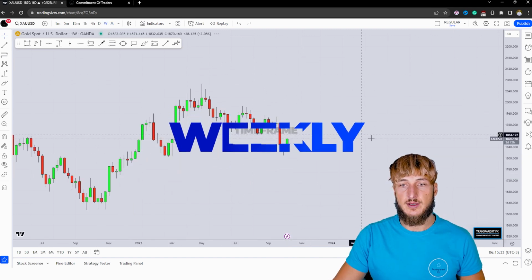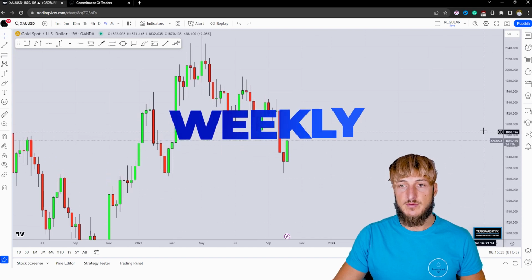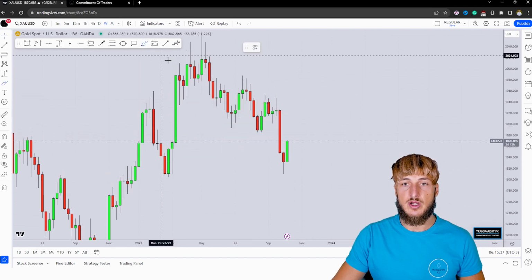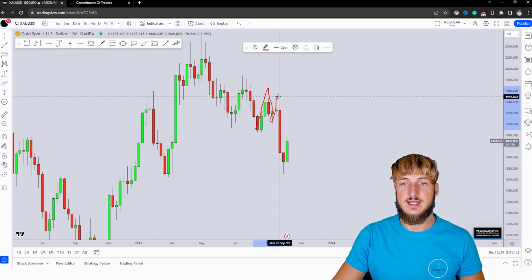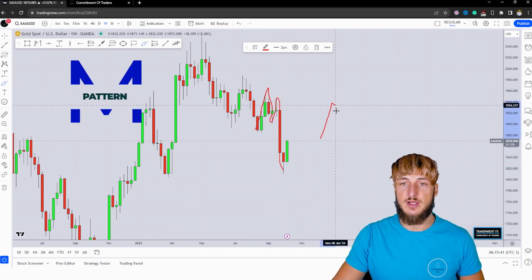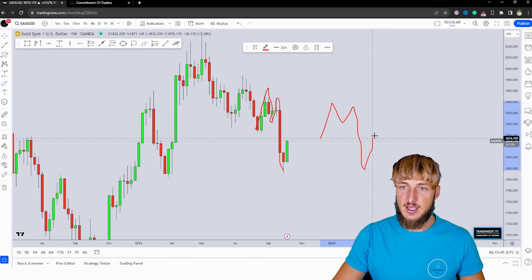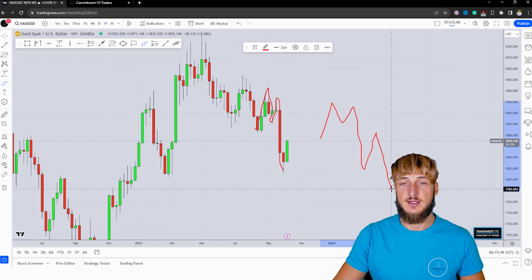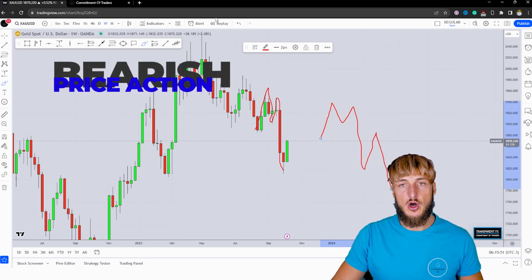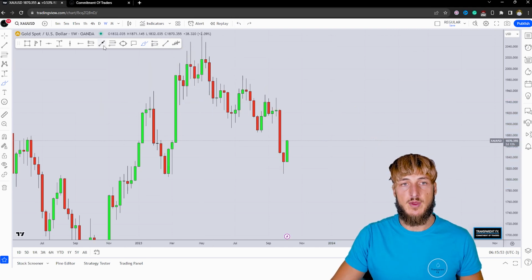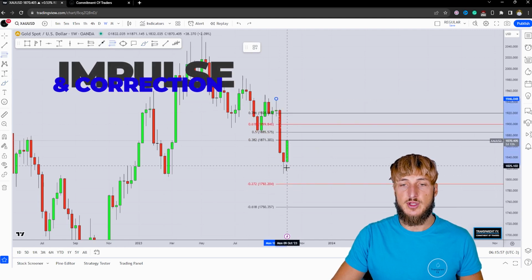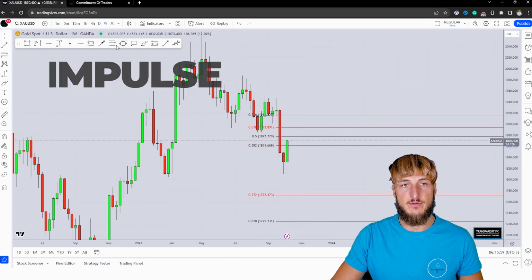Dropping that on the weekly time frame, what do we see? Now, from a weekly standpoint, we can see how the market had created this overextended M pattern. Now, in general, after the creation of an overextended M pattern, what you would expect is for the market to create first a rejection to the upside and then the continuation lower. So also here on the weekly time frame, if we want to measure this correction after this impulse, we have to take our Fibonacci from the high to the low of the impulse leg.